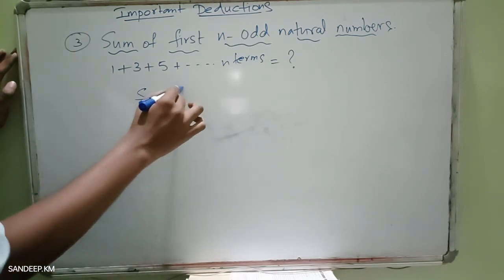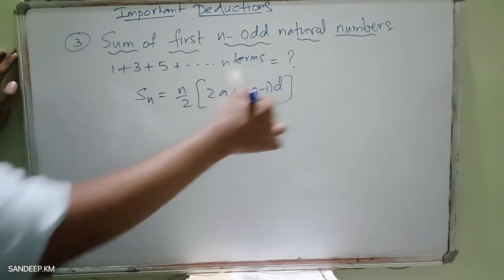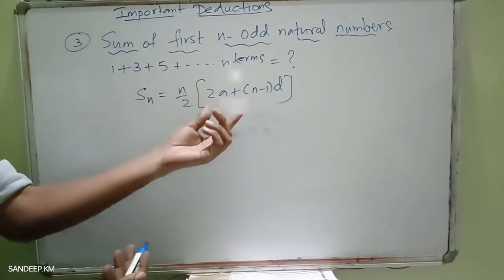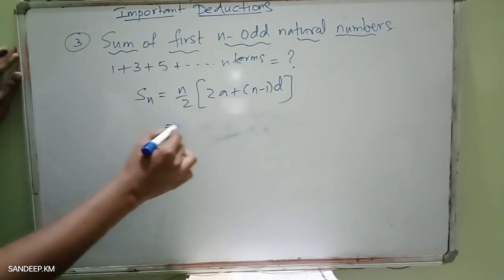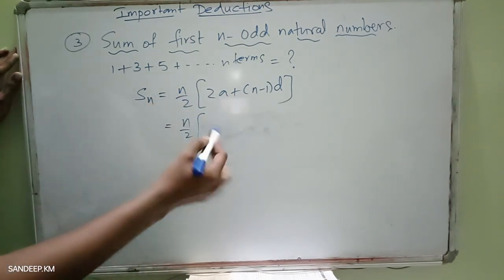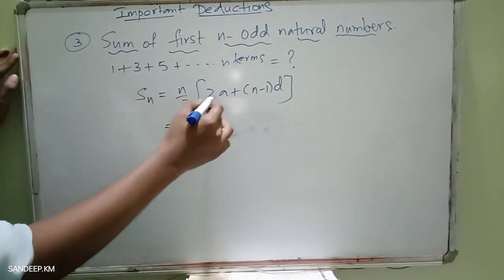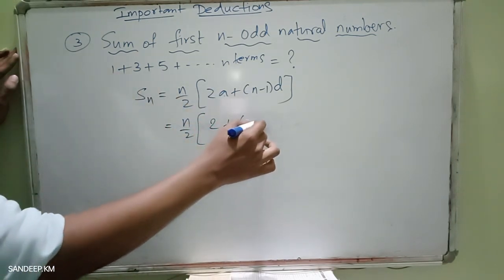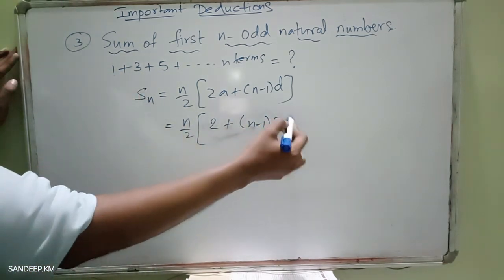The formula, this time I am going to use n by 2 into 2a plus n minus 1 into d. Why are we using this formula? Because we don't know what is the nth term. So the number of terms is n as it is. 2a, here the first term is 1, so 2a means 2 into 1, plus n minus 1 into the common difference, a2 minus a1, which is 2.